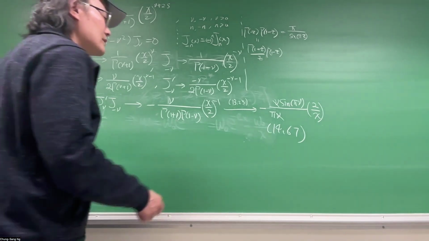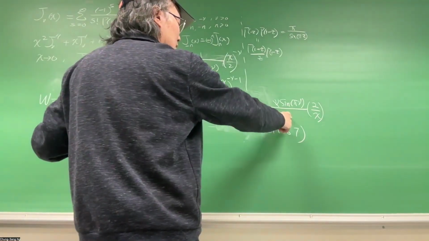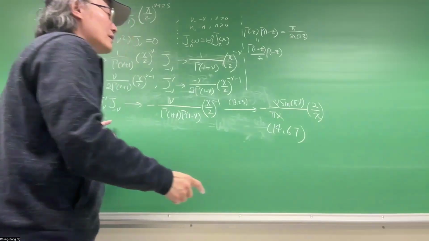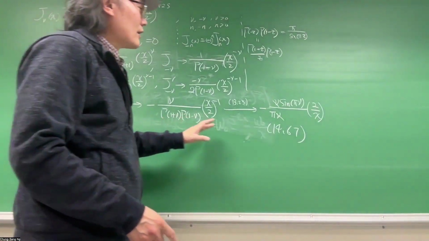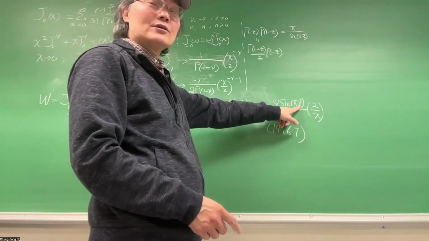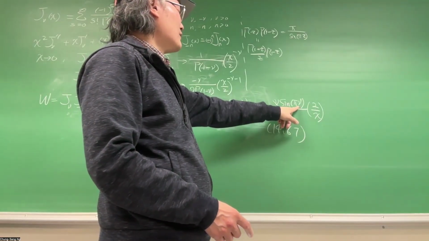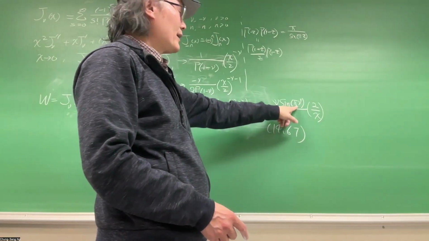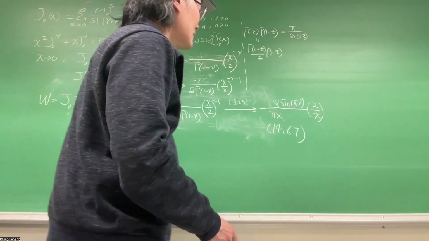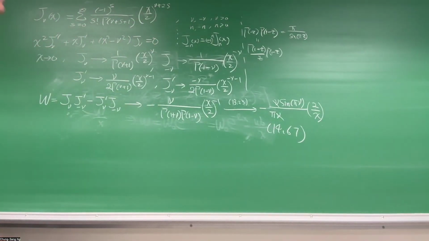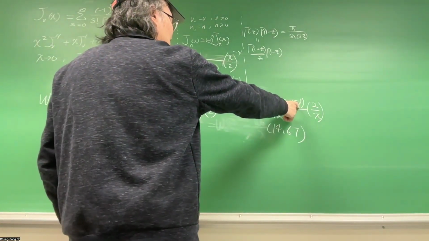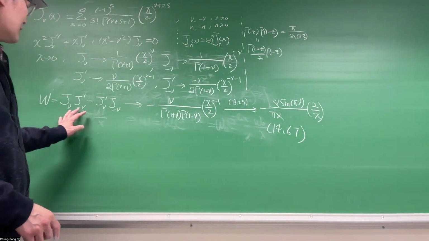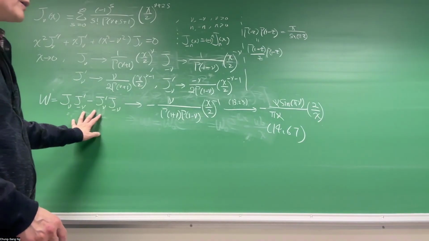Okay, and now we see that this is non-zero if nu is not an integer, because sine pi nu is not zero for non-integer. It's only zero for nu equals an integer. So if nu equals n, sine n pi is zero. So we can immediately see our conclusion. For non-integer nu, these two solutions are linearly independent.